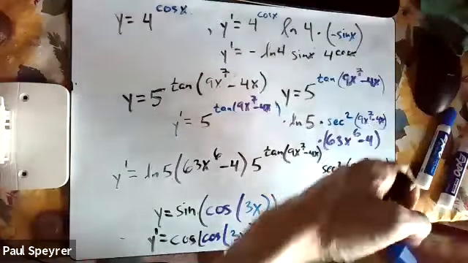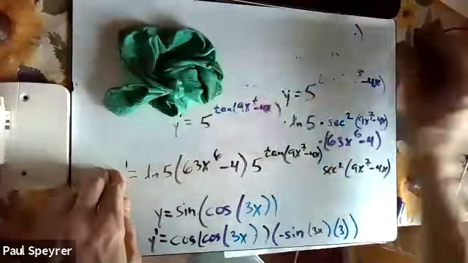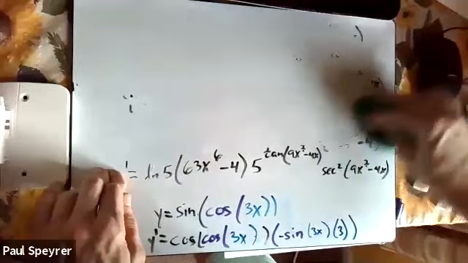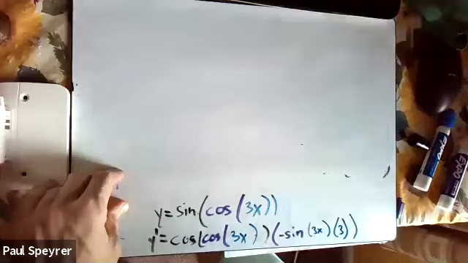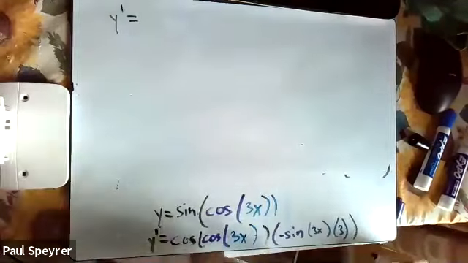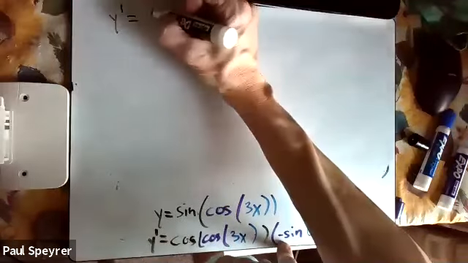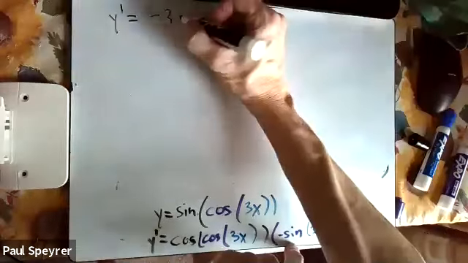But let's again clean it up, right? So y prime in this case is 3 times the negative. So we could say, oh, that's negative 3. And then sine of 3x.